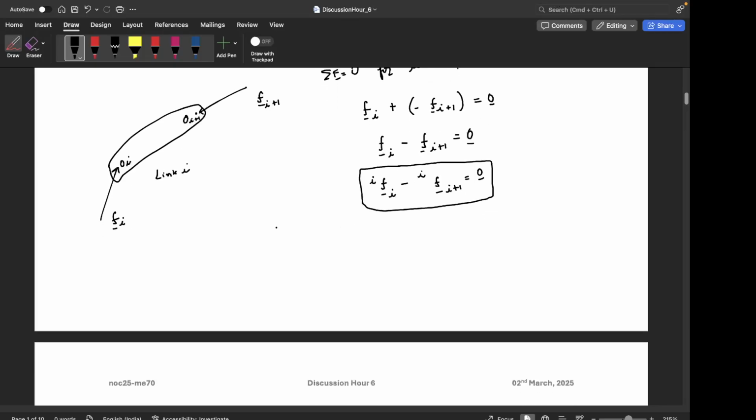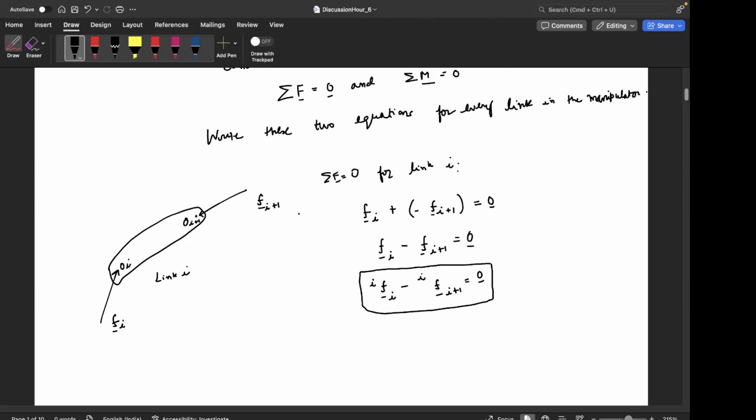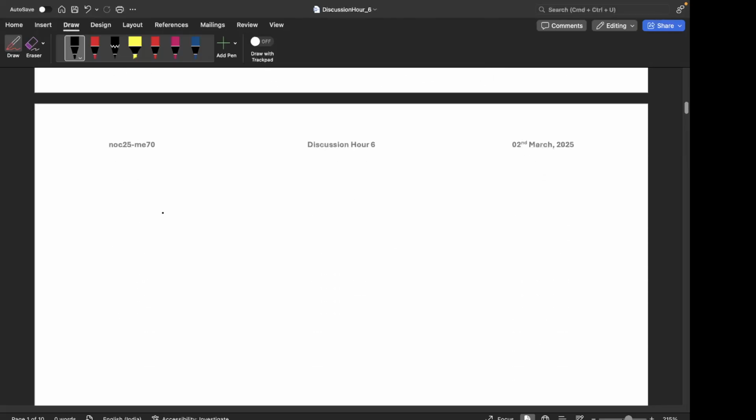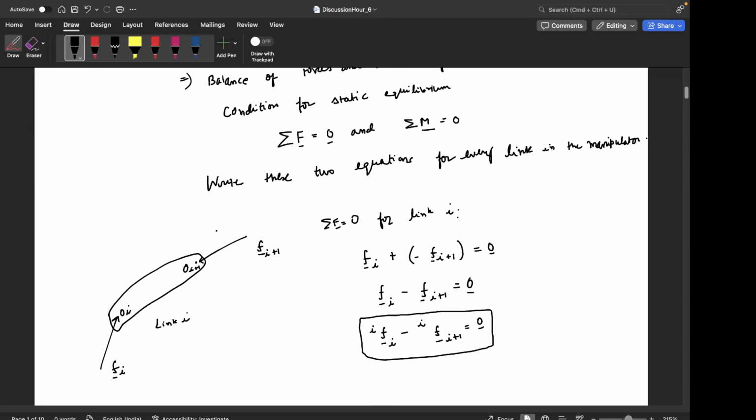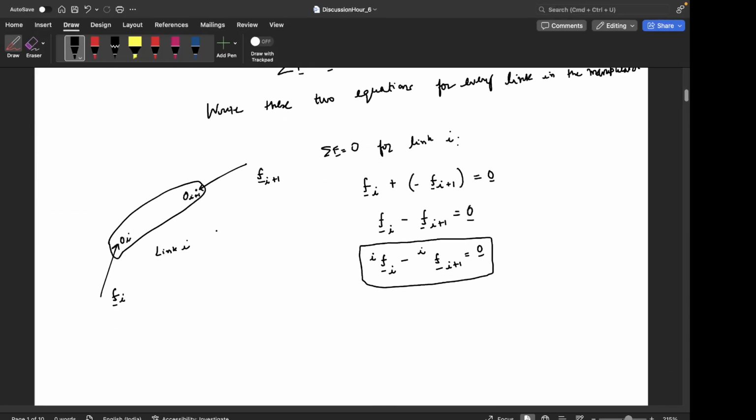Now the next part is we do sigma M equal to 0 for link i. What all moments does link i experience about Oi? First there is a moment on link i due to link i minus 1, that is, let's say, Ni.